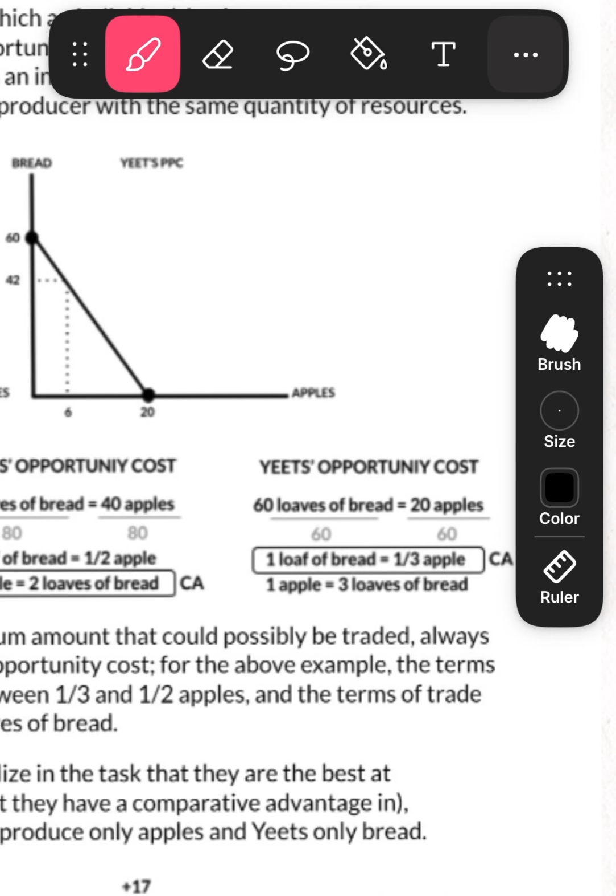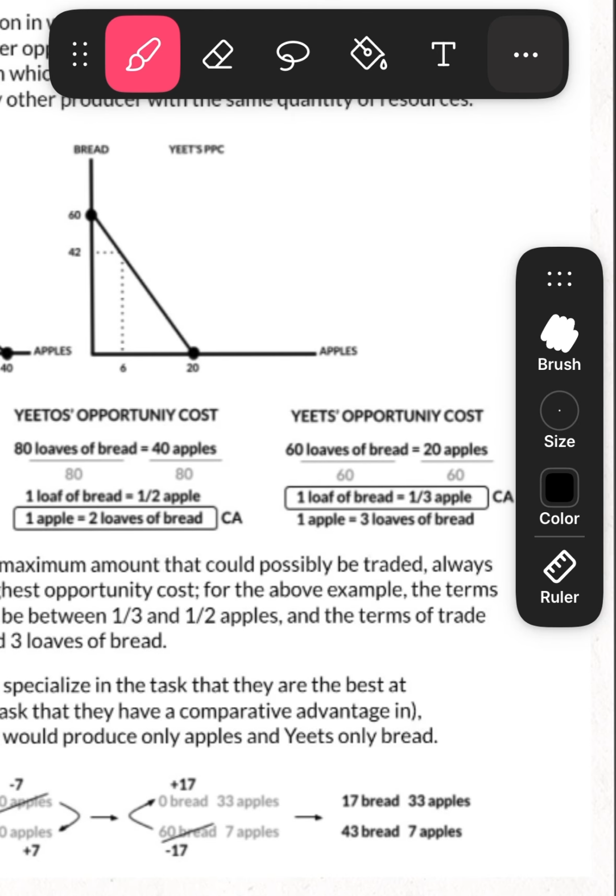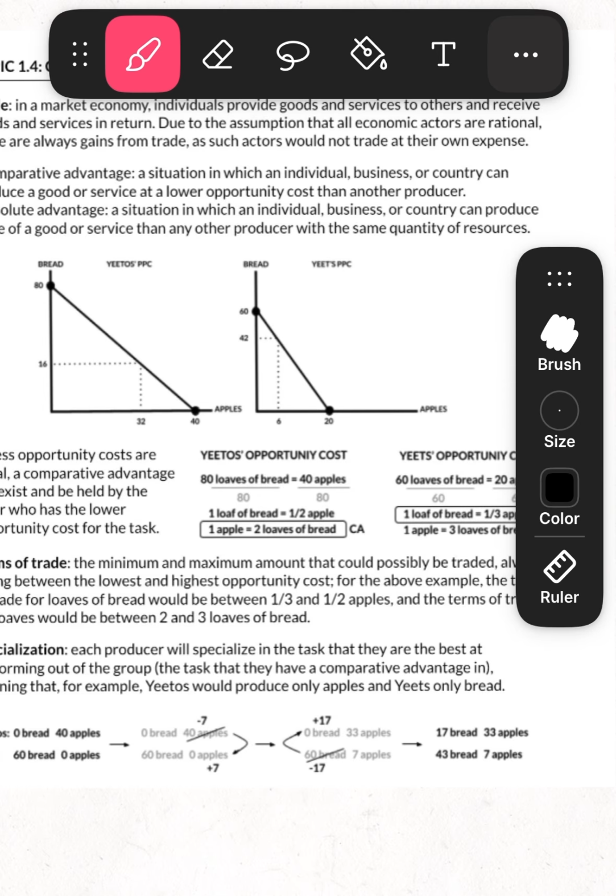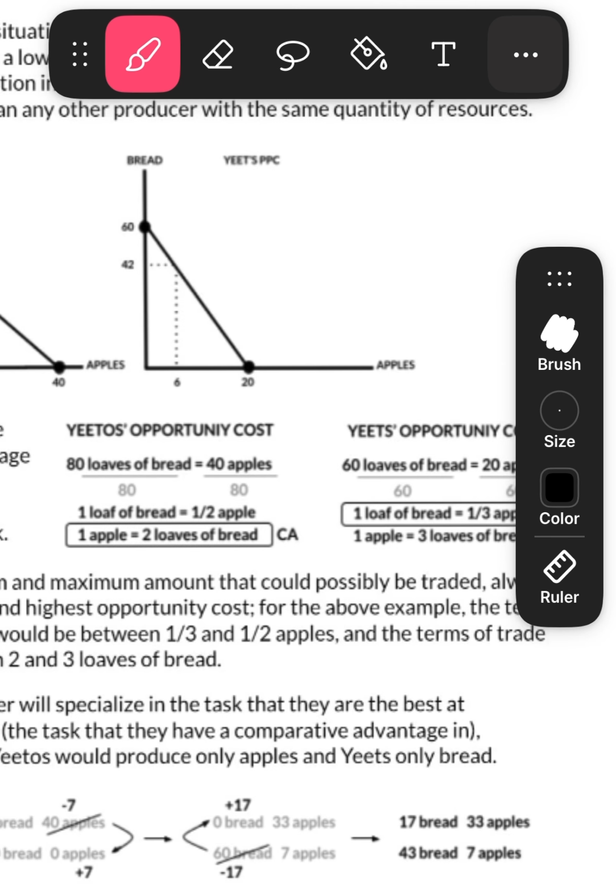Okay. Now that we have this all graphed out, little spoiler alert, but we can find the comparative advantage that each actor has, because unless opportunity costs are the same for each individual in the situation, they will have a comparative advantage in at least one good.